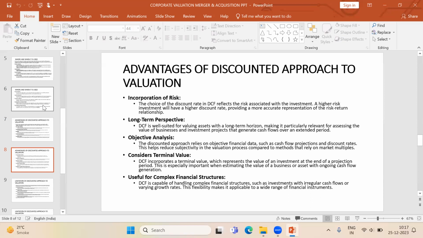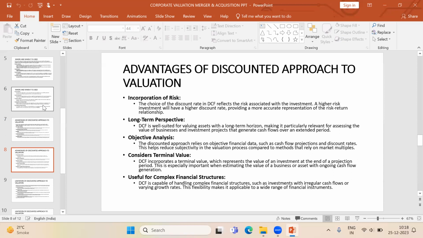This helps reduce subjectivity in the valuation process compared to methods that rely on market multiples. Considers terminal value. DCF incorporates a terminal value, which represents the value of an investment at the end of the projection period. This is especially important when estimating the value of a business or asset with ongoing cash flow generation.